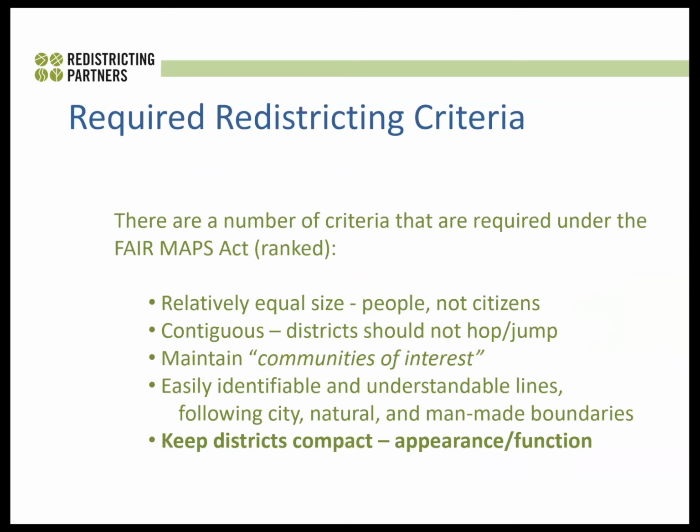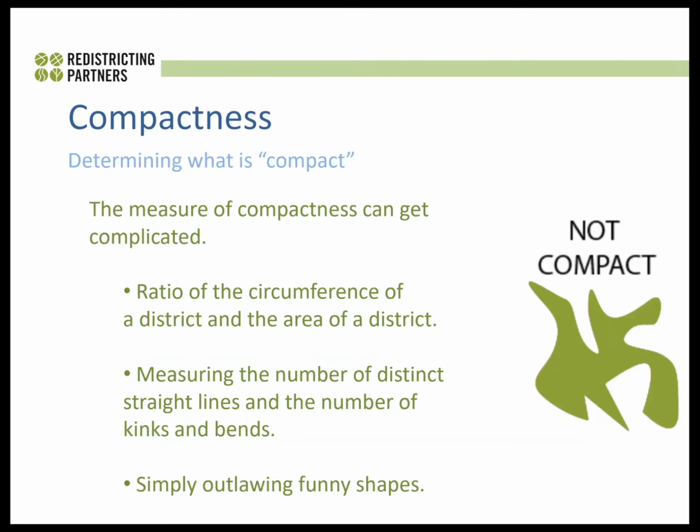And of course, we want to make sure lines are easy to identify and they're understandable. So trying to follow natural boundaries like rivers, or in the case of that railroad, a man-made boundary is also very helpful when drawing lines. And then we want to keep districts compact. So we're trying to avoid those funny looking shapes that people tend to associate with gerrymandering.